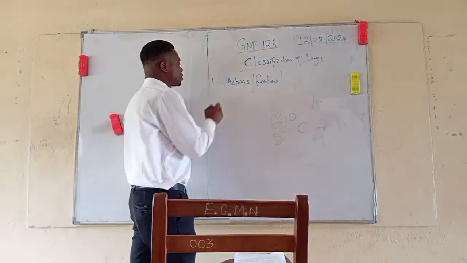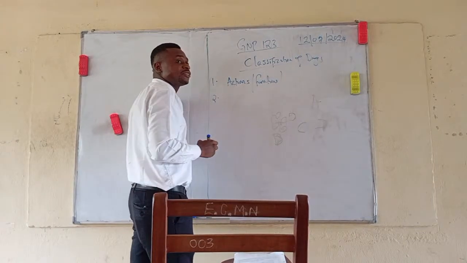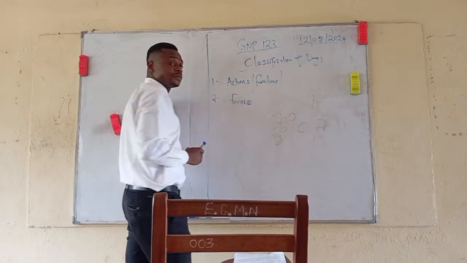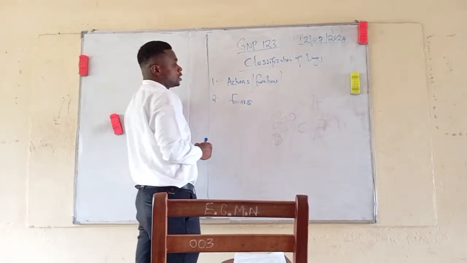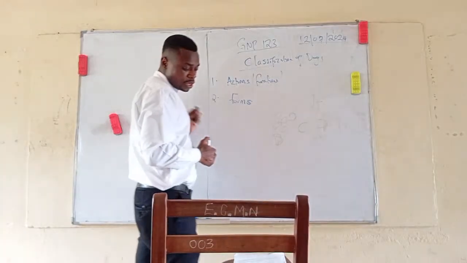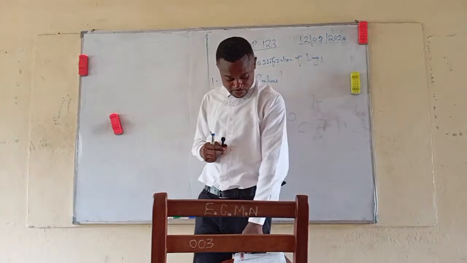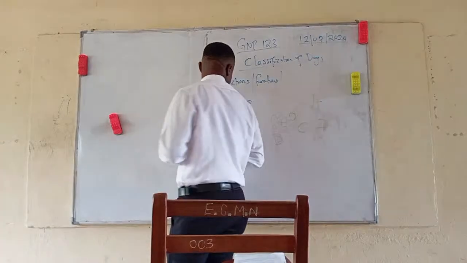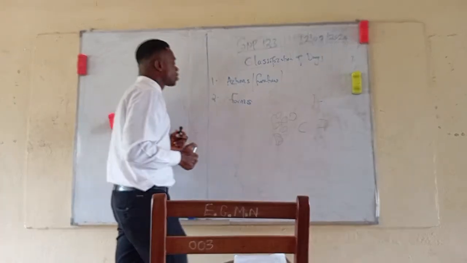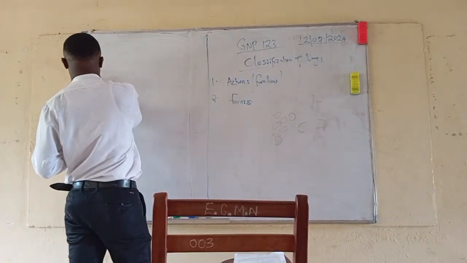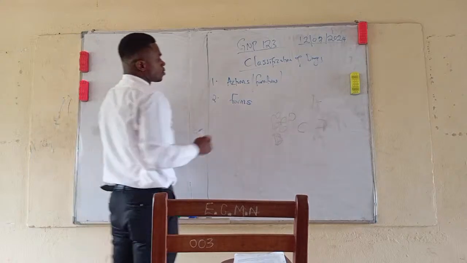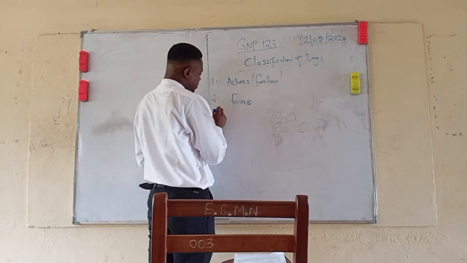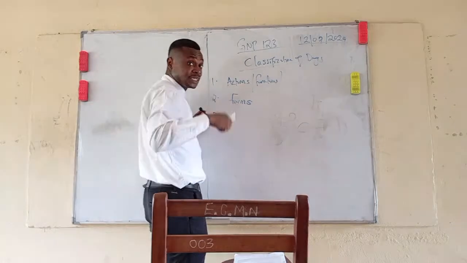Now, drugs can also be classified based on their forms. Are we together? Then they can also be classified based on the actions, based on their forms, and based on when they get to the body.